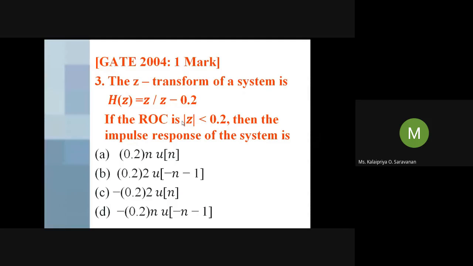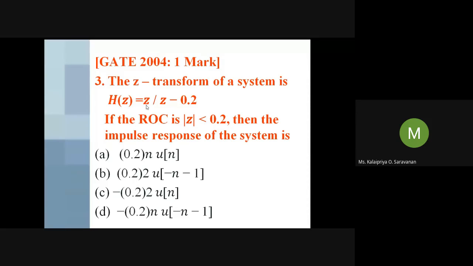If the ROC is modulus of z less than 0.2, then the impulse response of the system is... What they are asking here is, they have given you the Z transform of a particular function and the ROC. So you will have to find the inverse Z transform. They have given you H of Z here, and they are asking you to find H of n. So you'll have to take the inverse Z transform of the entire expression.